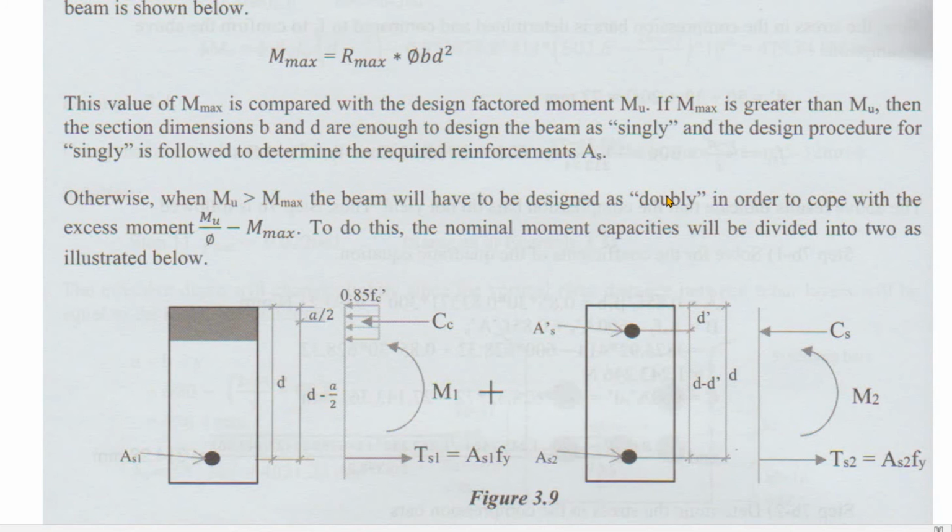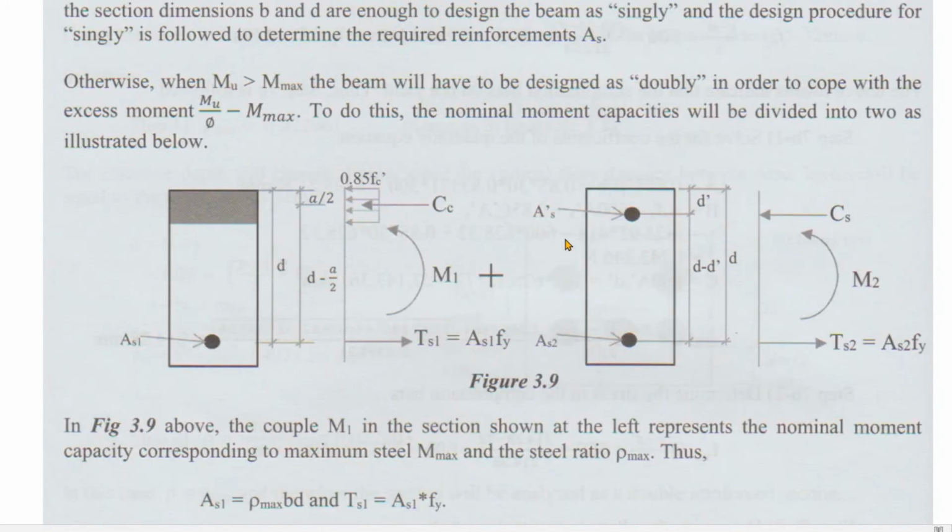Diyan yung i-consider mo ngayon yung compression steel. In order to cope with the excess moment, Mu over phi minus Mmax. To do this, so ito na ngayon yung magiging M2 natin, ano? To do this, the nominal moment capacities will be divided into 2 as illustrated below. Okay? So, divided into 2 in the sense na meron kang M1 tsaka M2. So, yung M1, ito yung SRB.